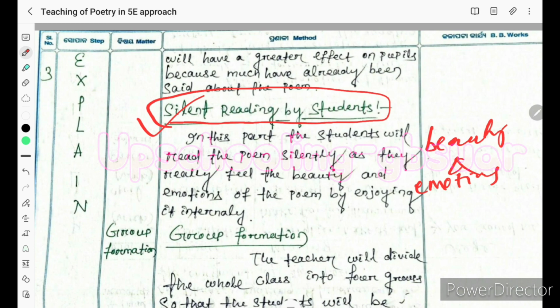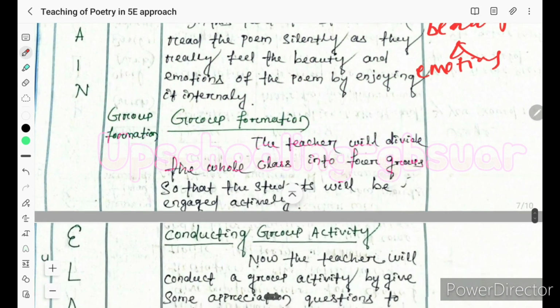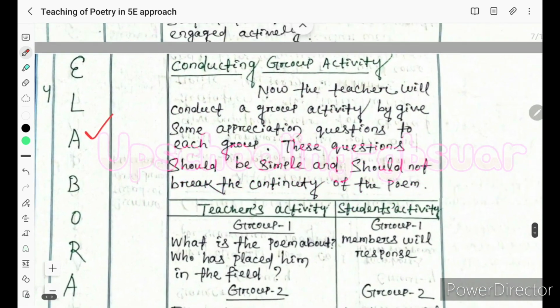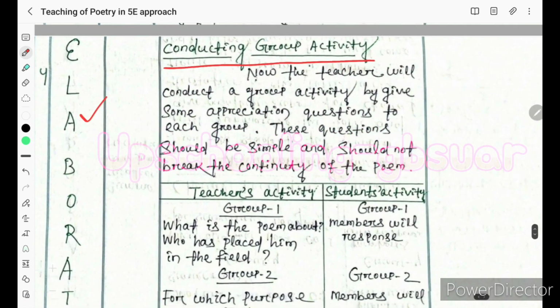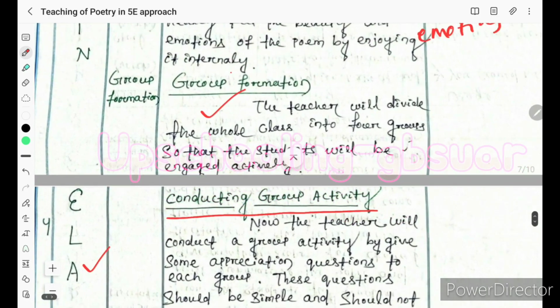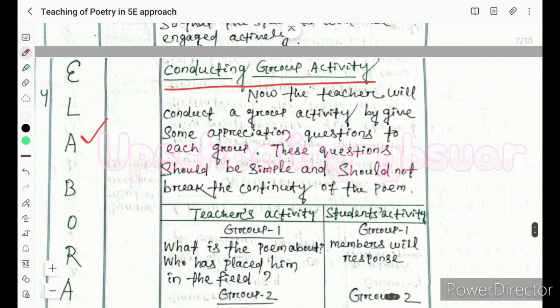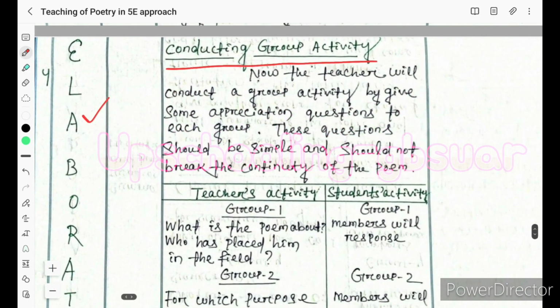Let's come to the elaborate stage. In this stage, we should give them some appreciation questions and divide the class into some groups and distribute worksheets among them so that the students will be engaged actively and participate. These questions should be simple and should not break the continuity of the poem.